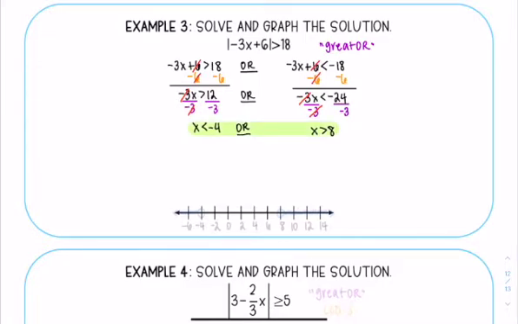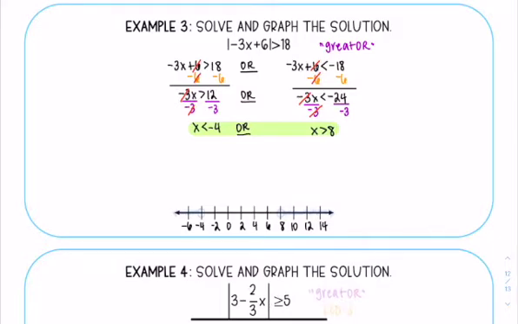And so let's go ahead and write our numbers down. I'm going to go by 2's because we have a positive 8 and a negative 4. So negative 6, negative 4, negative 2, 0, 2, 4, 6, 8, 10, 12, and 14.